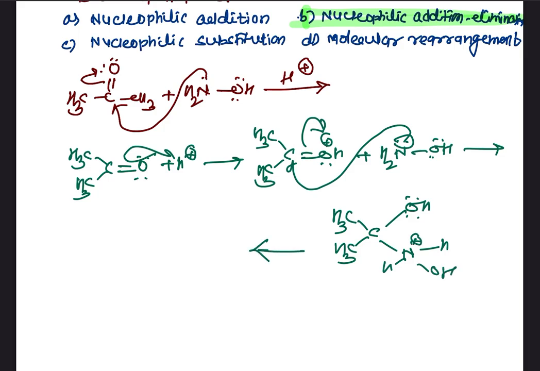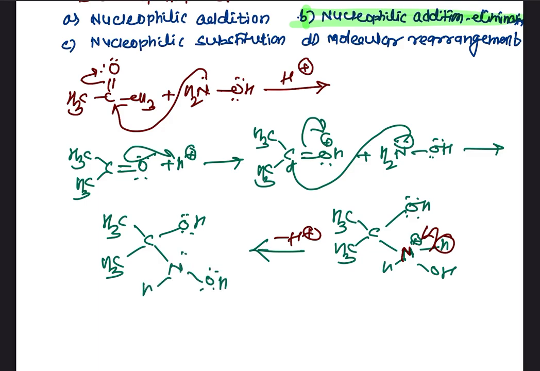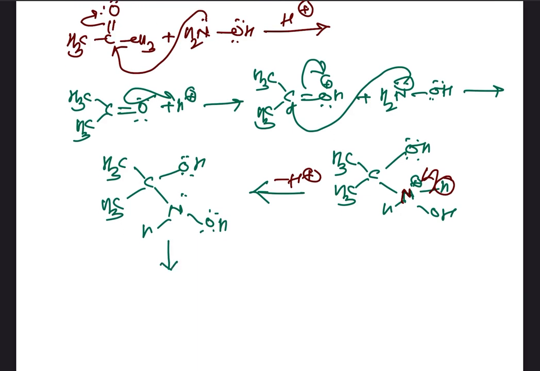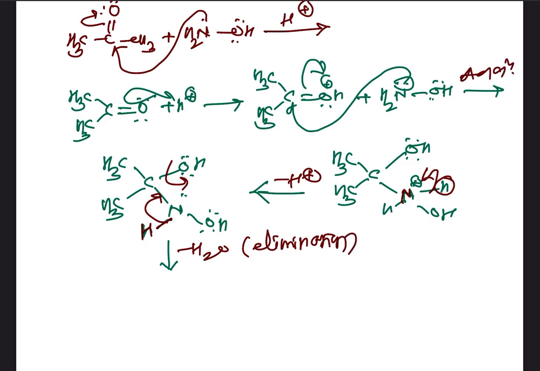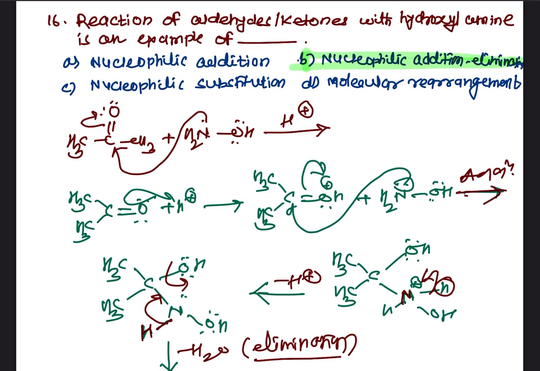Now in acidic medium, since this nitrogen is electron deficient, this hydrogen breaks and goes out, that is, formation of an intermediate like this. And now breaking of nitrogen single bond, shifting here, removal of this OH and removal of H2O, this is elimination. This is addition, and finally it gives ketoxime. And the type of reaction is addition, elimination.